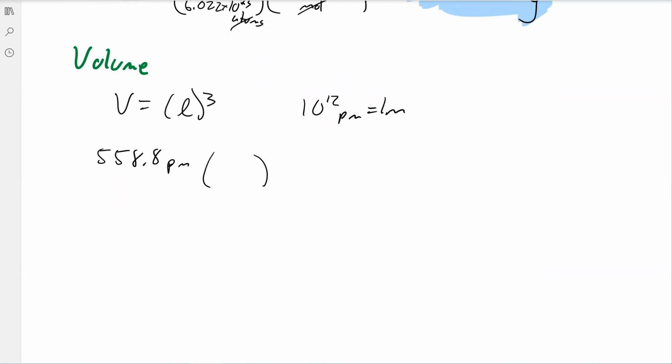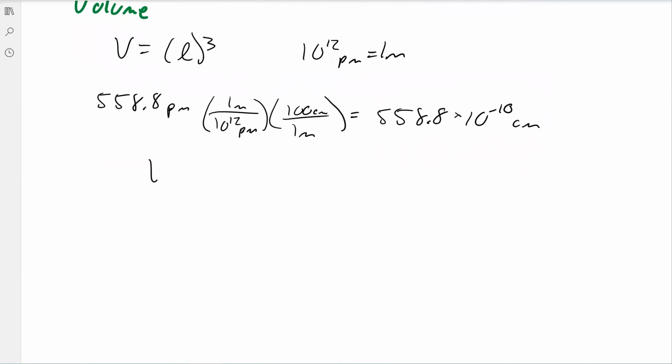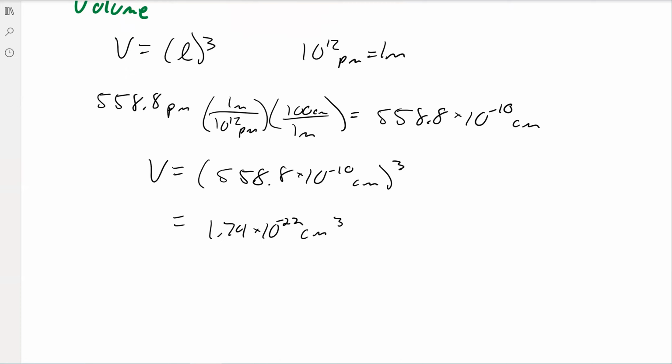So we have 558 picometers, and there are 10 to the 12 picometers in 1 meter, and then every 1 meter has 100 centimeters. And then you get 558.8 times 10 to the negative 10 centimeters. We know that volume is length cubed, so we take this length and cube it, and then it becomes centimeters cubed. I got 1.74 times 10 to the negative 22.